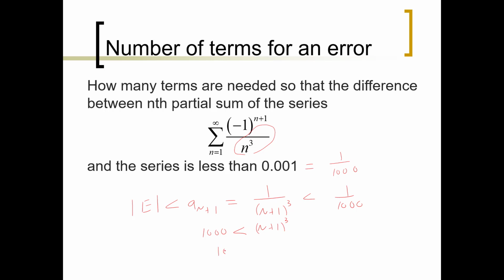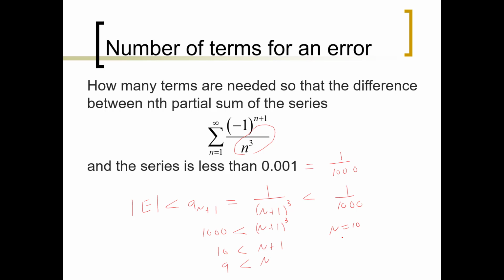And then by taking cube roots, n plus 1 has to be more than 10, and I can do that because the cube root is an increasing function, so the inequality does not change. So n must be more than 9.